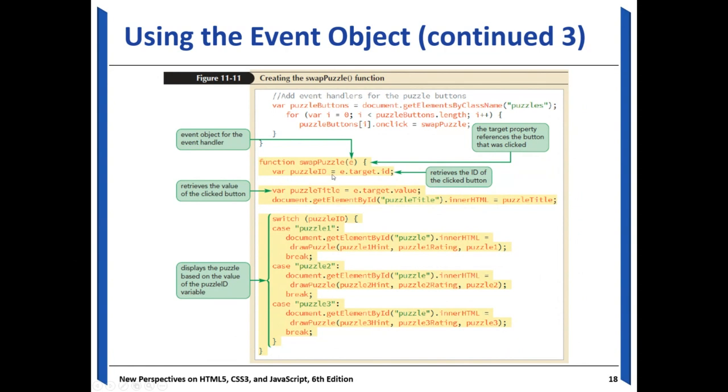So you see here we have the variable puzzleID, and it's going out and getting the ID for that button. So it's retrieving the ID of the button that's been clicked. From there, the puzzle title is set to the target value. And then it displays the puzzle based on the value of the puzzleID variable in the switch case.